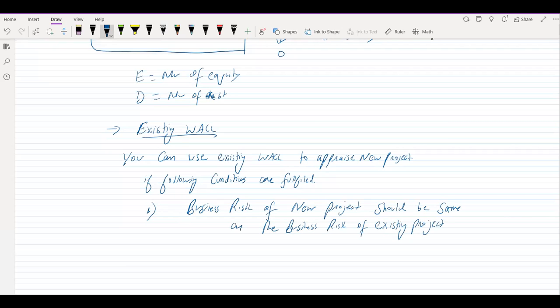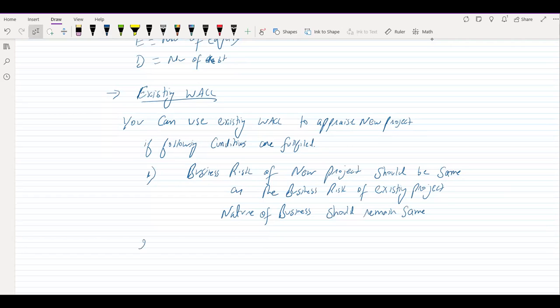सिंपल टर्म में नेचर ऑफ द बिजनेस शुड रिमेन सेम. Nature of business should remain same. If nature of business is same, you can use the existing WACC. Second, gearing, financial structure of the existing business and the new business should be same.